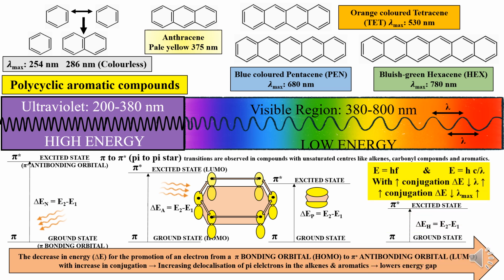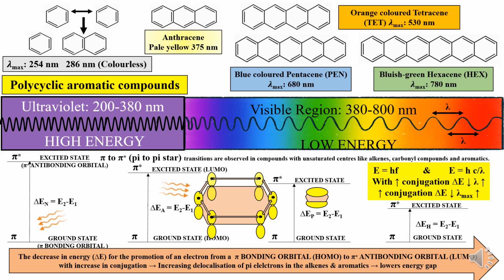The energy of electromagnetic radiation is given by the equation E = hf, where E represents the energy of the electromagnetic radiation, h is Planck's constant, and f is the frequency of the electromagnetic radiation.